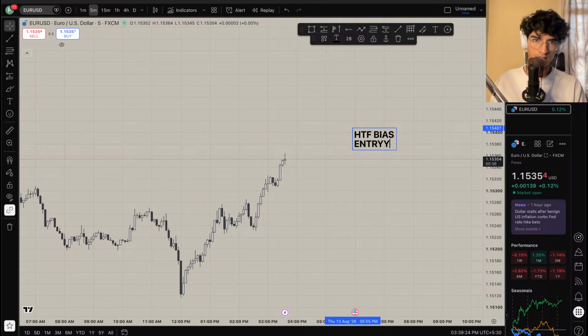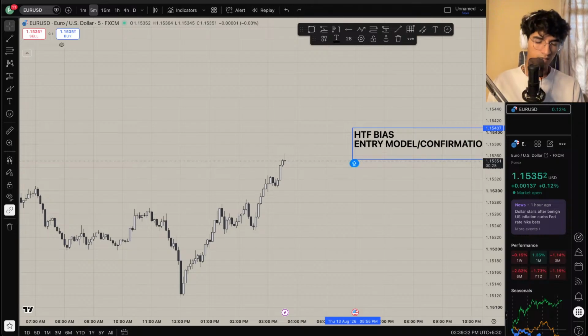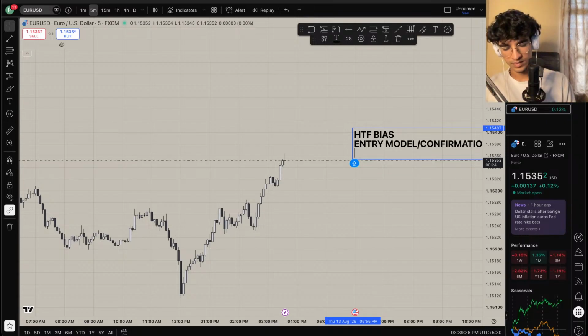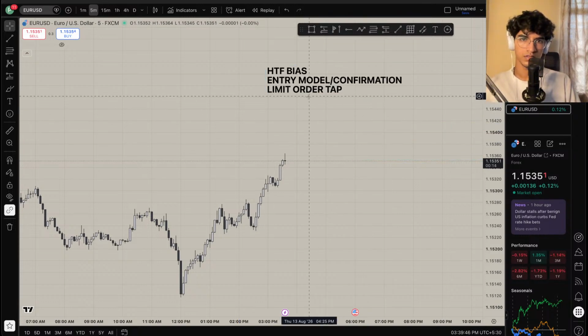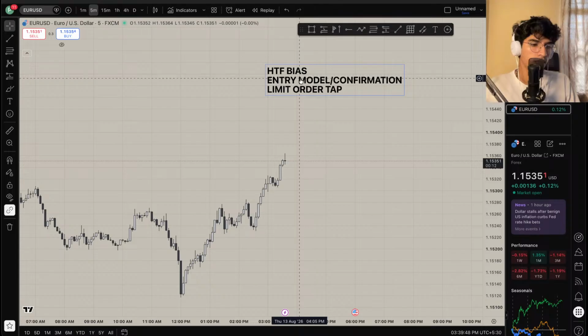Next comes an entry model or entry confirmation, and next comes your entry. That's it. You will keep your limit order in the limit order tab. So how it goes is, you have to have a high time frame bias for the day first of all.